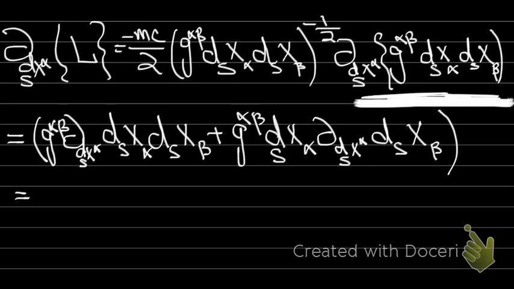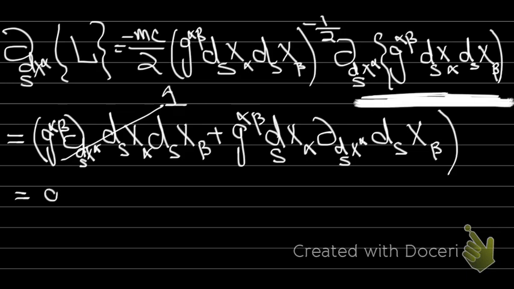Okay, so now if you look at it, what we could see is that in the first term, these two would cancel out, right? So that is your partial derivative of ds of x alpha with respect to ds of x alpha. So that would cancel out and would go to 1, right?